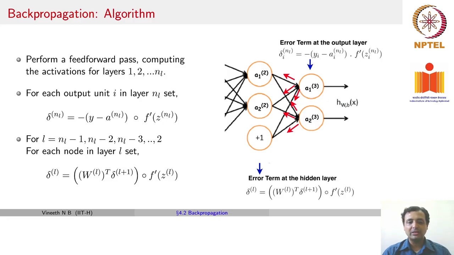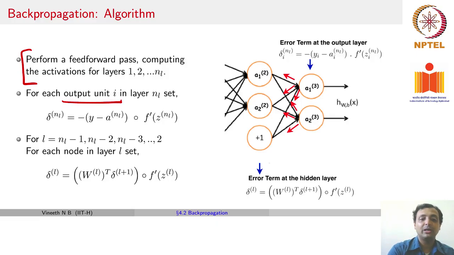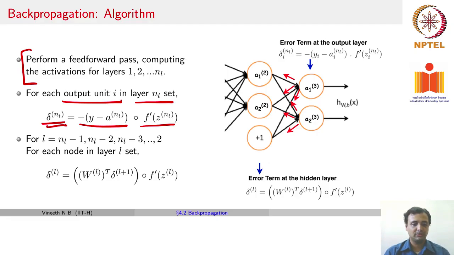So the way we are going to train the full network now is we perform a feed-forward pass, computing the activations for all layers. For each output unit i in the set of neurons in the last layer, denoted by N_L, we compute the error, which is delta^{N_L}, the derivative of the loss function with respect to the final activation, times the derivative of the final activation with respect to z^{N_L}, which is before applying the activation function.